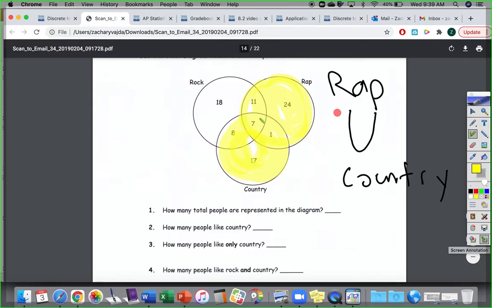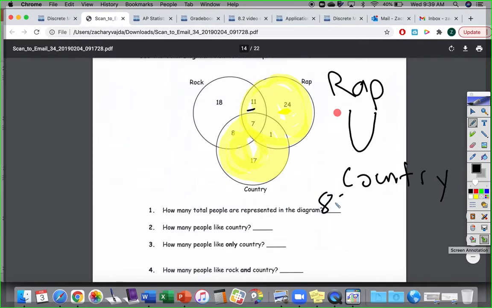So all of these would be in rap or country, because if you ask a person in these 24 people, hey, do you like rap or country? They'd be like, yeah, I like rap. I don't like country, but I like rap, so I do like rap or country. If you ask these 7 who like them all, hey, do you like rap or country? Yeah, I like them both, so I like one or the other. So they all count. So we have to add up all these.